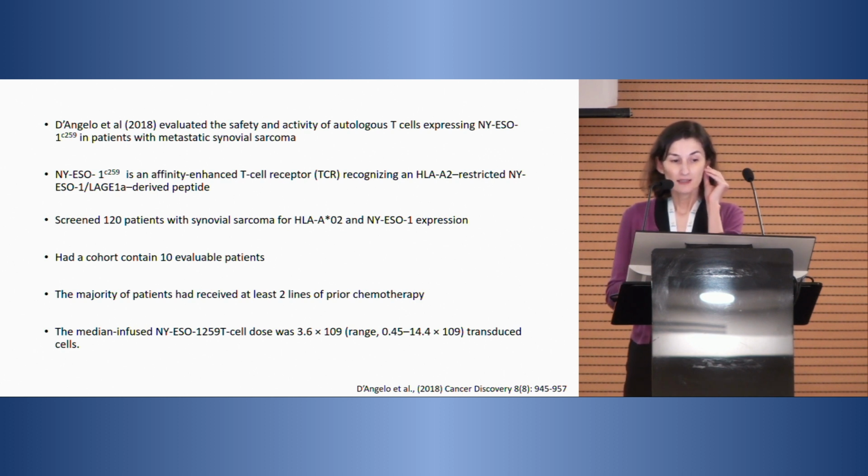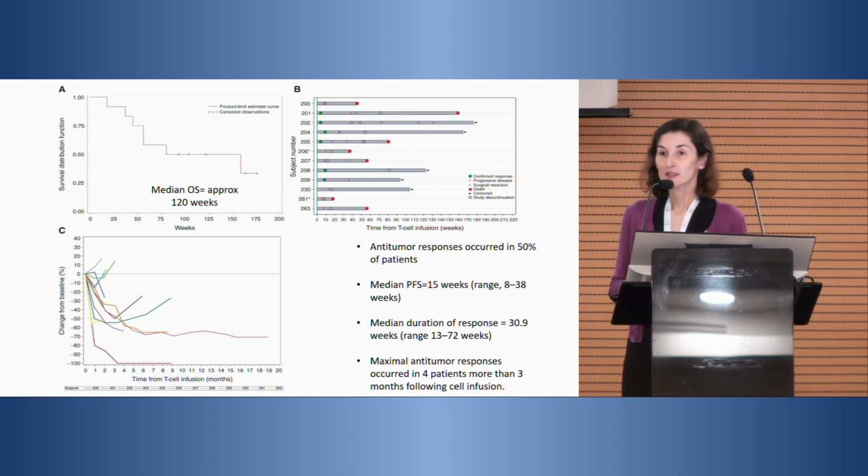They only had 10 patients that in the end they could evaluate, and their patients had all had at least 2 lines of prior chemotherapy, so they were quite heavily pre-treated patients. But the results were quite encouraging. About 50% of the patients had an anti-tumor response.